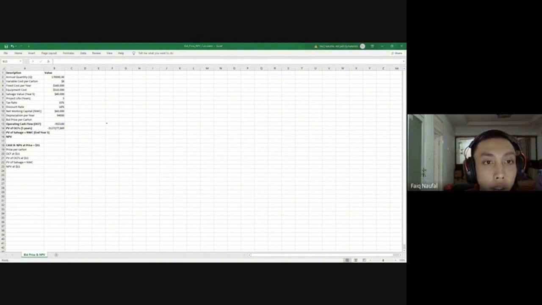The next one is the present value of salvage plus the net working capital at the end of year 5.